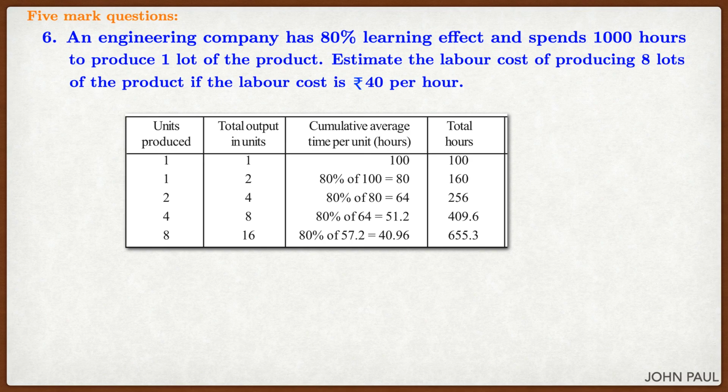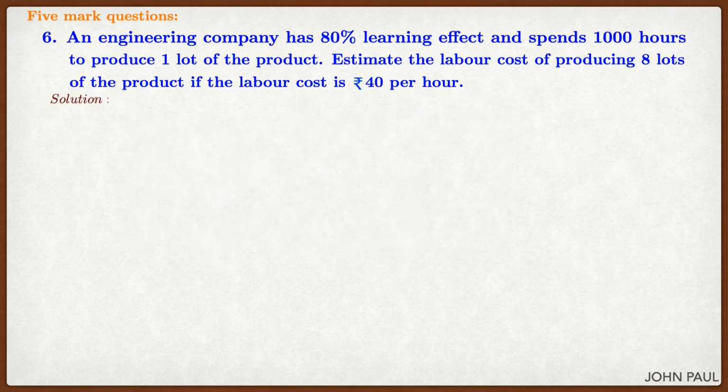Cumulative average time per unit in hours depends upon the learning effect, 80%, 90%, 70%, 60% like that, which will be given in the question. We have to calculate the total hours. Okay, we'll come to this problem.